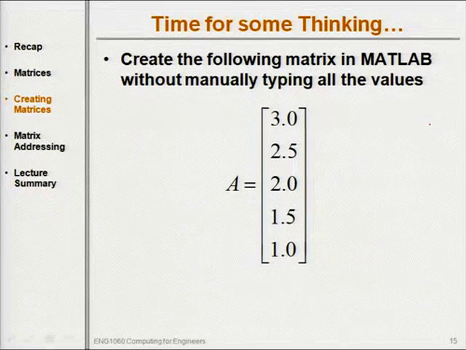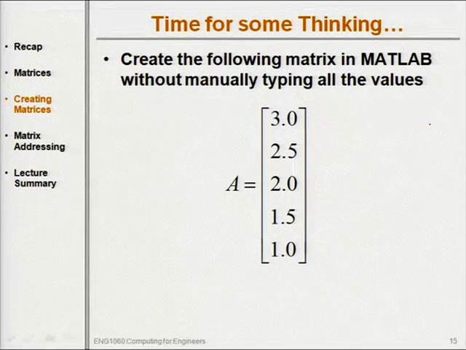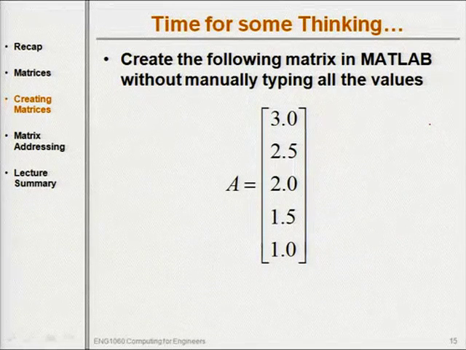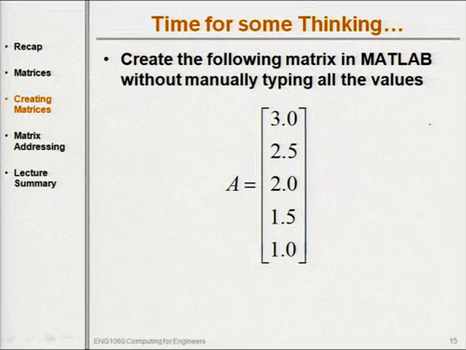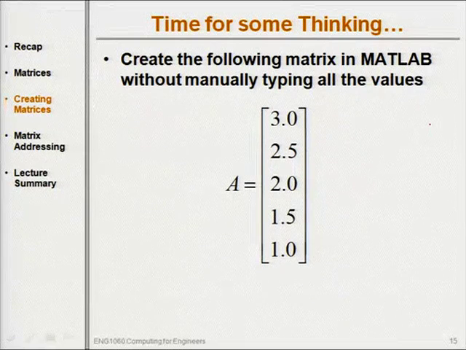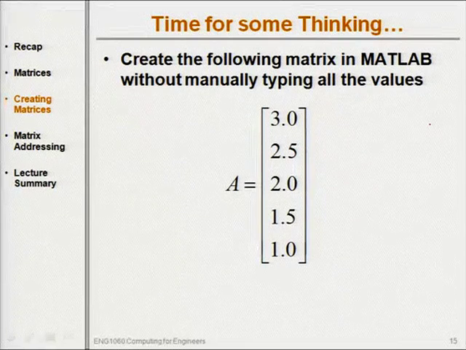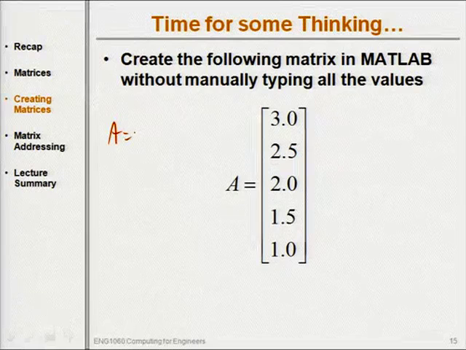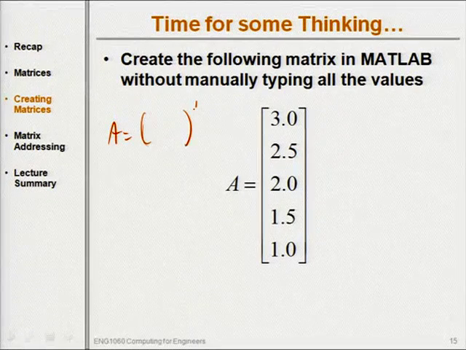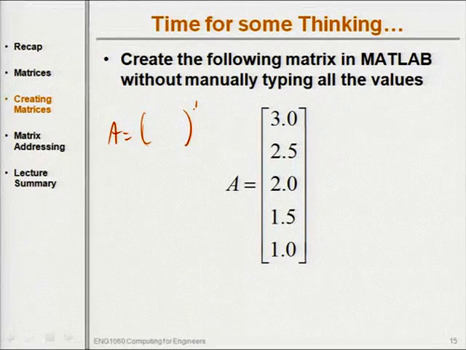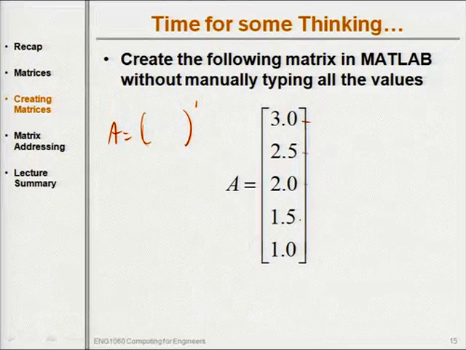So let's say you have to create this matrix in MATLAB without typing all the values. When you look at the matrix, the first thing you'll see is it's a column vector. So that means we're going to have A equals something transpose. Now, what's in that vector? You can see it's going 3, 2.5, 2, 1.5, 1.